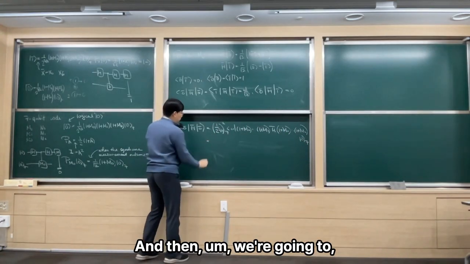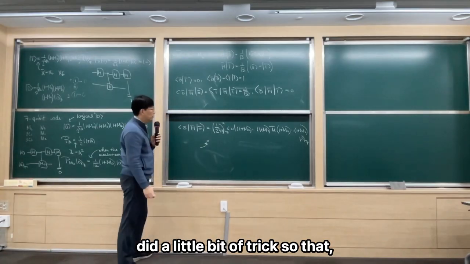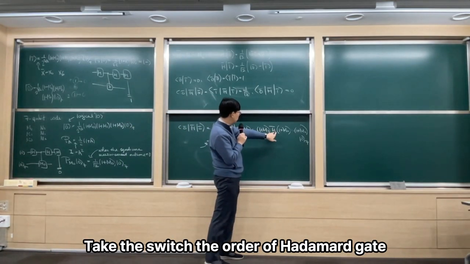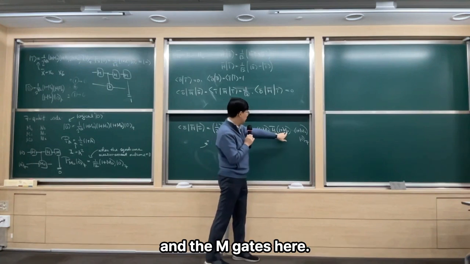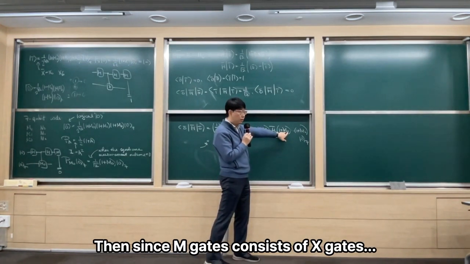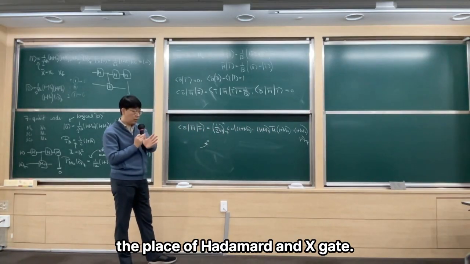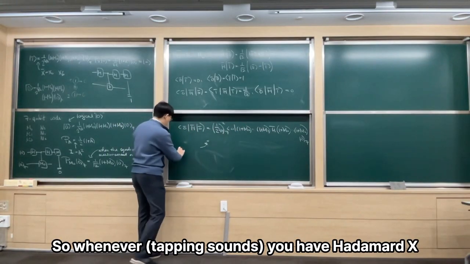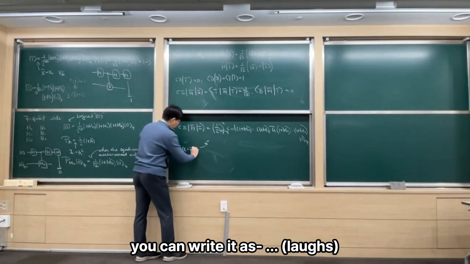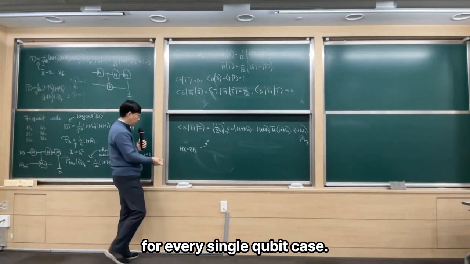And then we're going to, so Mervyn did a little bit of a trick so that what happens is if you switch the order of the Hadamard gate and the M gate here, then since M gates consist of X gates, it's like changing the place of Hadamard and X gate. So whenever you have Hadamard X, you can write it as Z Hadamard, just for every single qubit case.